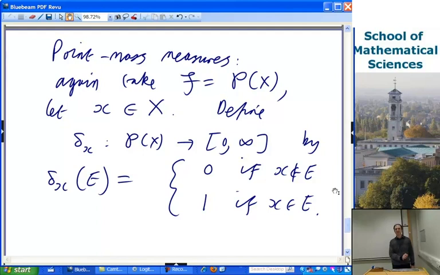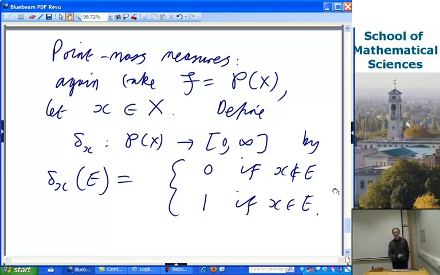That's what this measure is designed to do. So you can think of this measure as being what the delta function really is. The delta function isn't really a function. You can either regard it as a generalized function, you can think of it as a measure, or as a distribution, even more generally than that. If you're regarding it as a measure, this is the measure you want for the delta function.